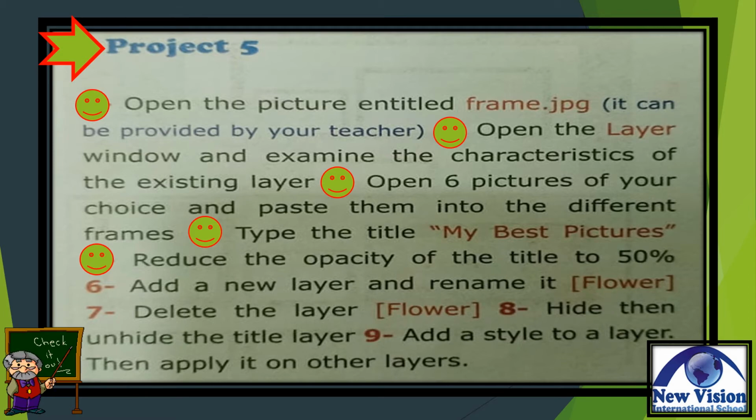Number 6. Add a new layer and rename it Flower. Number 7. Delete the layer Flower. Number 8. Hide, then unhide the title layer. And finally, number 9. Add a style to a layer, then apply it on other layers.